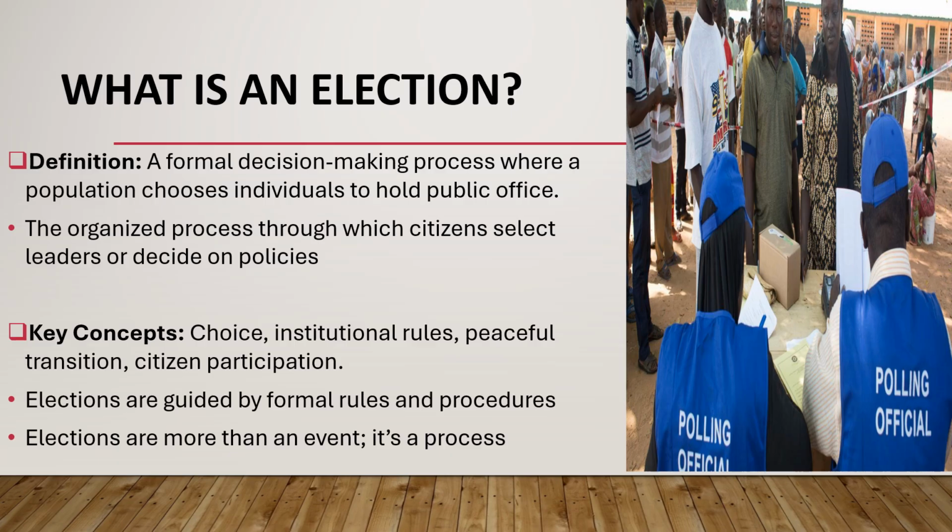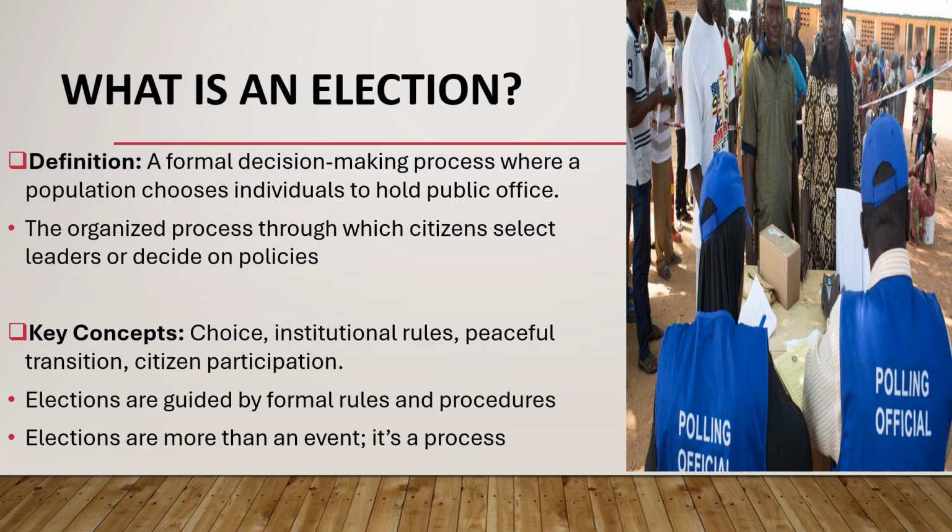Then some of the concepts that underpin elections that we're going to look at, as I've mentioned, are choice, institutional rule, peaceful transition, and citizens' participation. When we talk about choice and peaceful transition, Ghana has been blessed that since its Fourth Republic dispensation, on 7th January 1993, when the new president was sworn in, the country has experienced transitions of power alternating between different parties, starting from 2001.